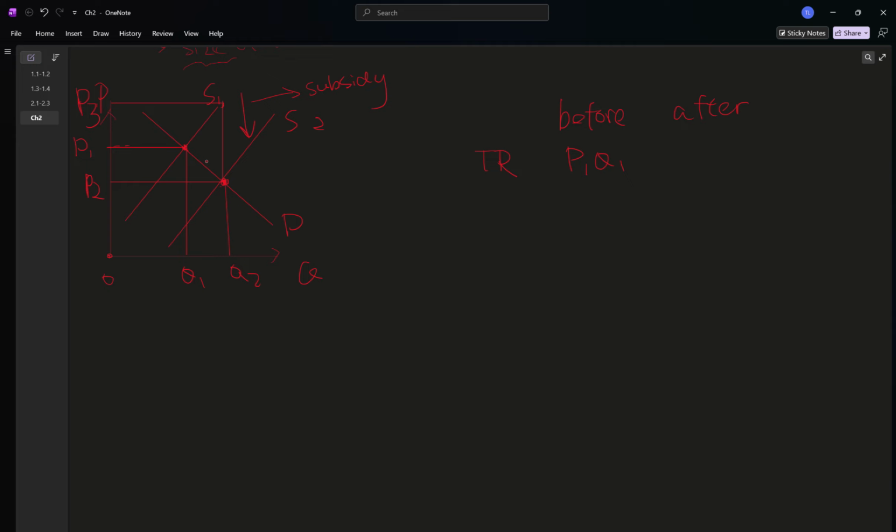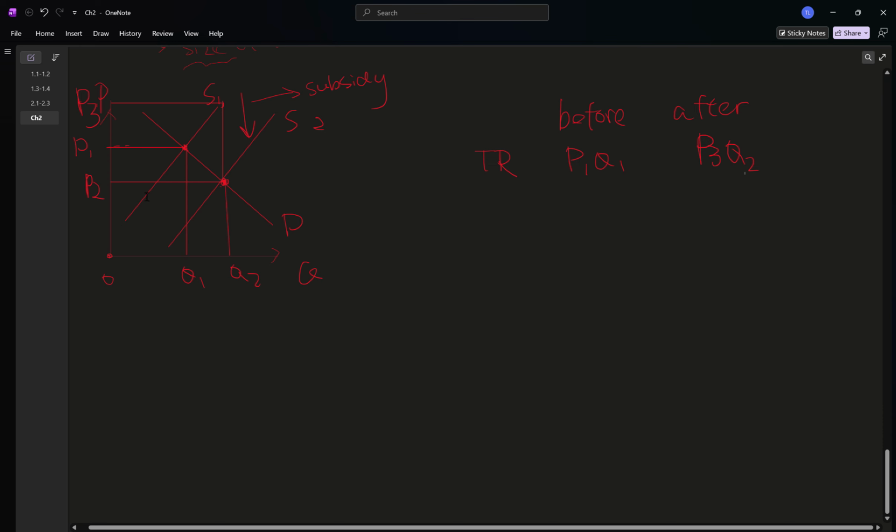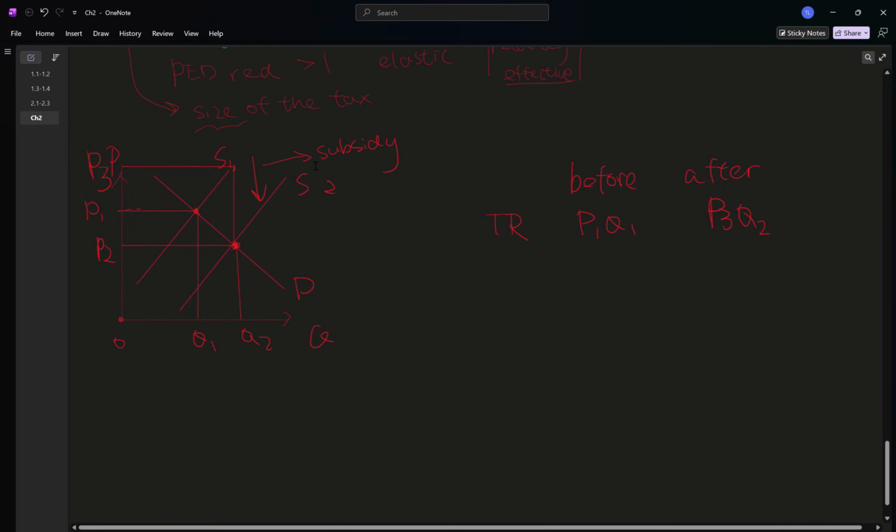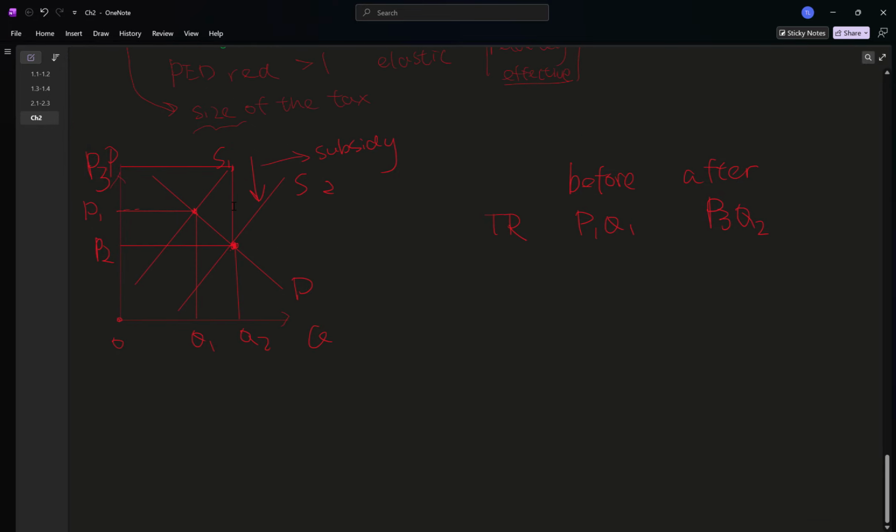Actually, it should be right here, it is actually P3 Q2. Does it blow your mind? When the supply curve shifts from S1 to S2, the producer can achieve a higher price because part of the subsidy is given to the producer.